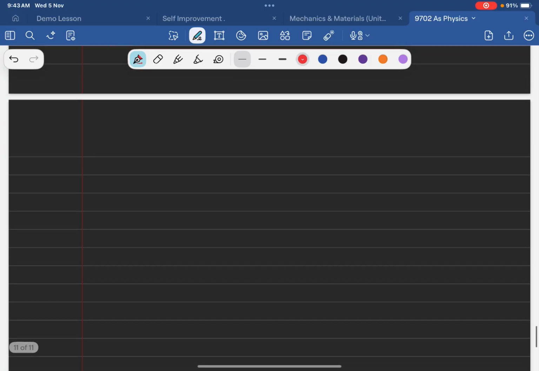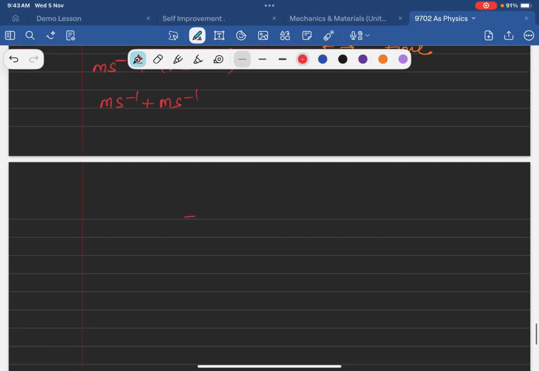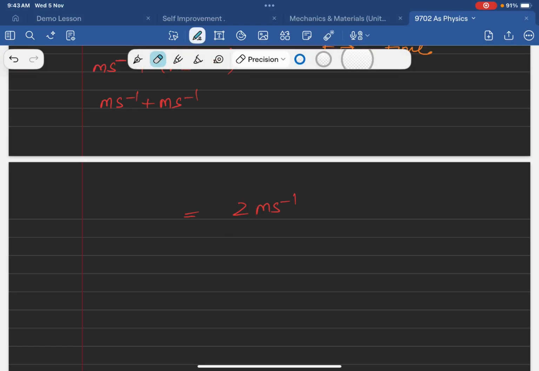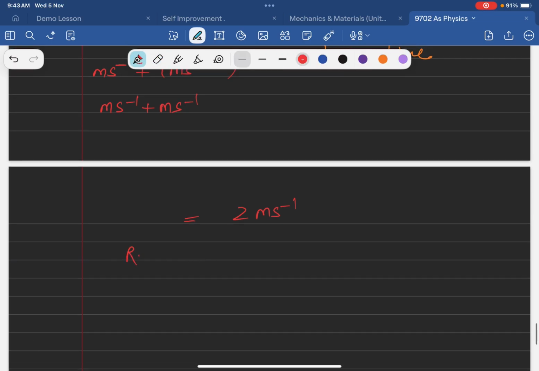So we have 2 meter second minus 1. We will neglect the 2. 2 is a number here. It will not be involved in the analysis. We can neglect the 2 here. So we will have on the right hand side only meter second inverse.